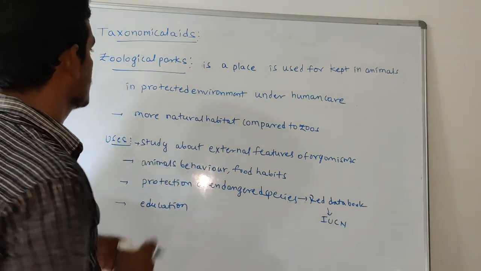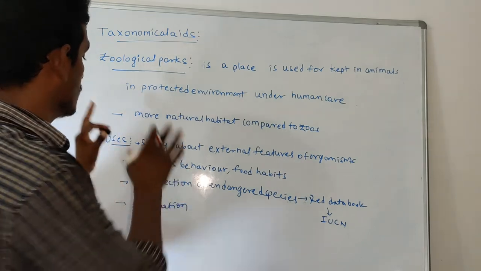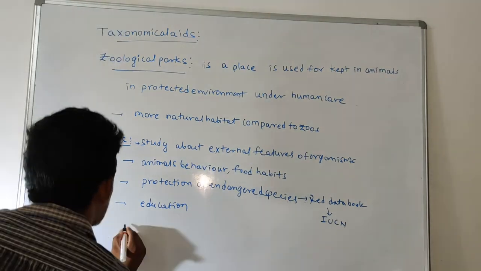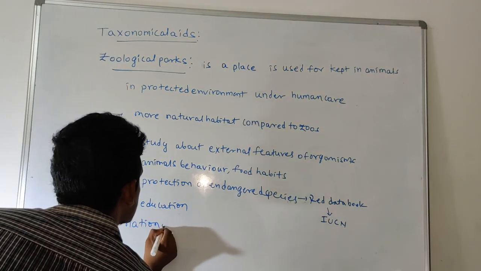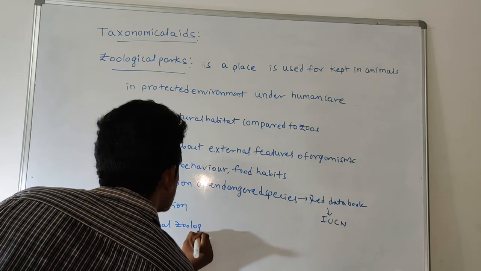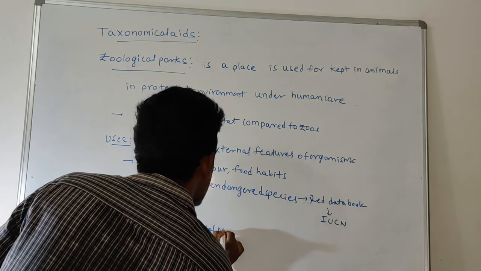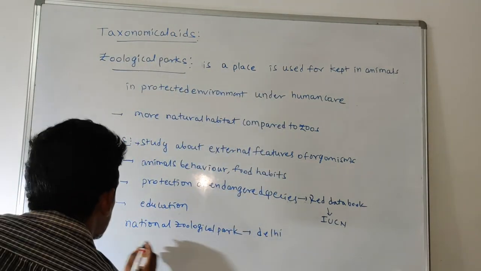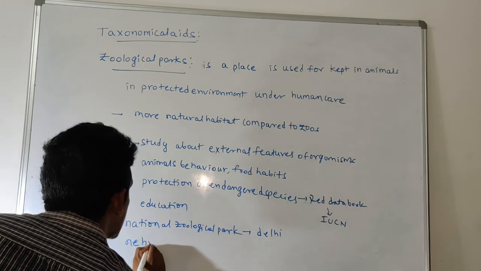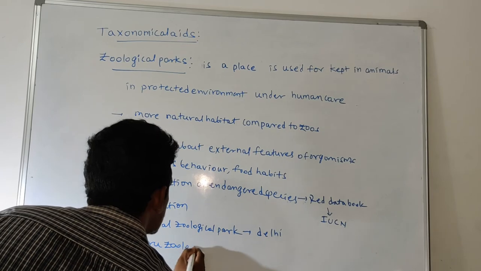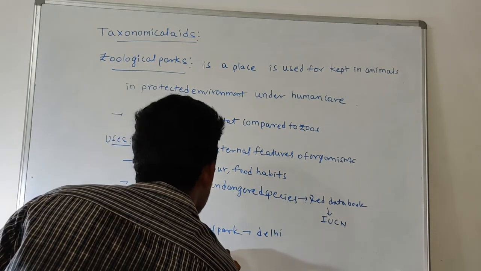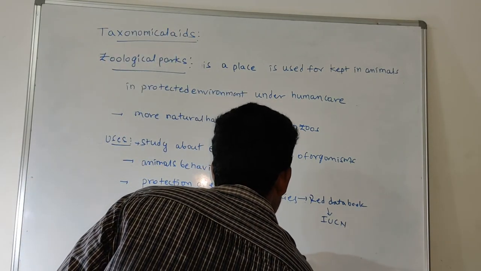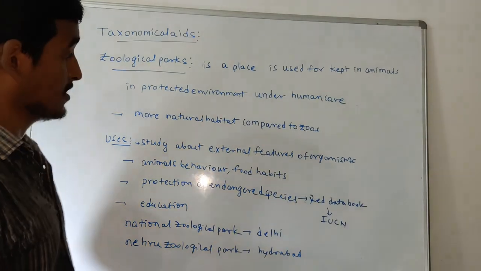Some major zoological parks are located in India. One is the National Zoological Park, located at Delhi. Another is Nehru Zoological Park, located at Hyderabad. So that is about zoological parks.